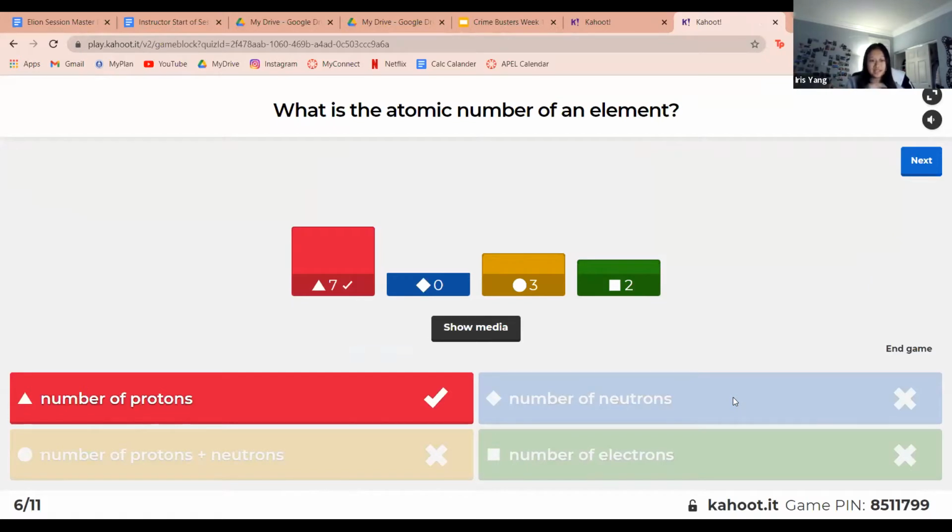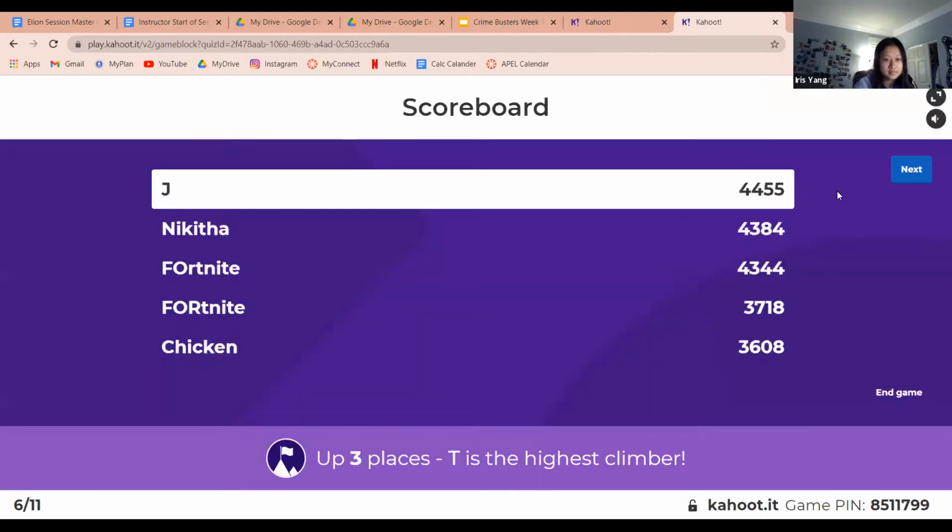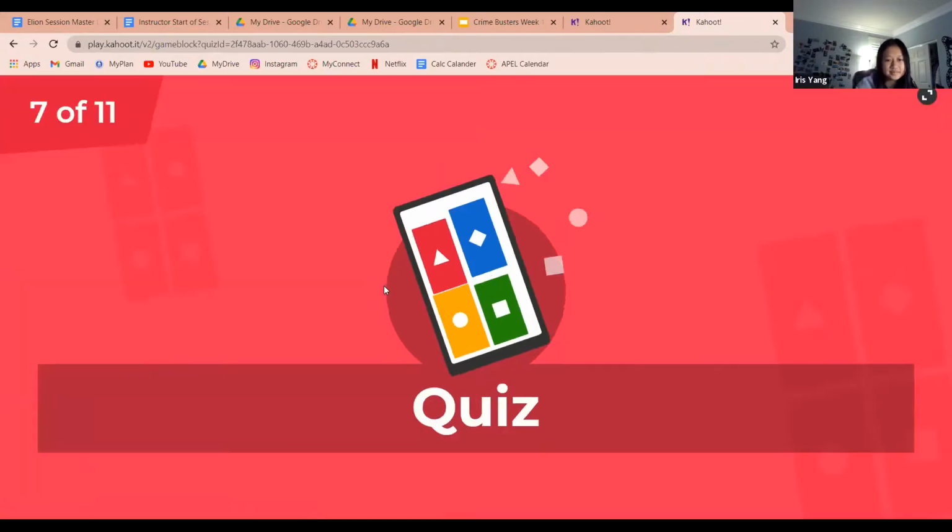And remember, last question was the atomic mass, and atomic mass is protons plus neutrons. I know a few of you clicked protons for atomic mass, but remember the difference. Mass is always greater than the atomic number. So atomic number is just protons, and that's how we identify each element. Oh, all the Fortnites are back, I see. Okay, next question.